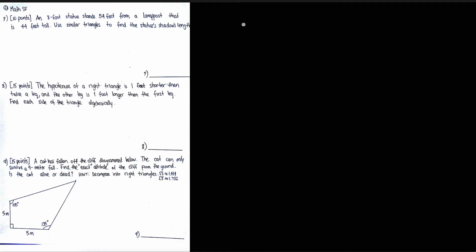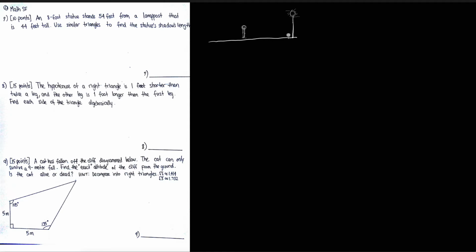So let's say here's the statue. I'm just going to do the statue. And then you have a lamppost here. I probably should use yellow for this, but this is your lamp. Then you go from here to here.